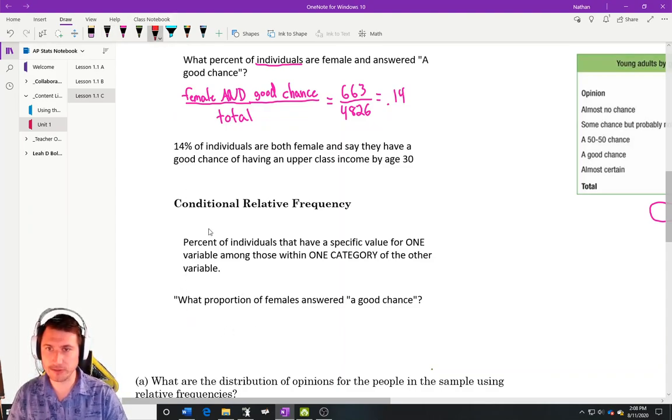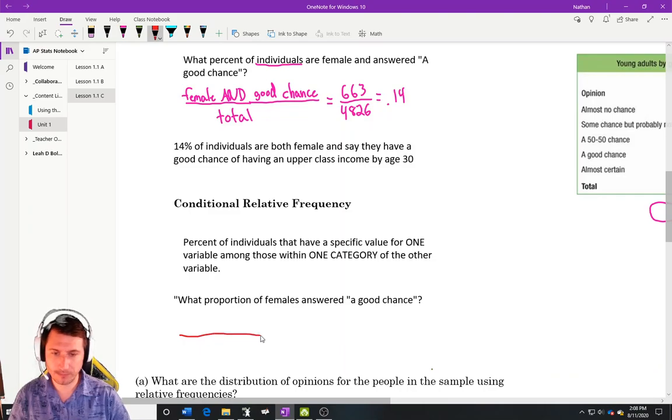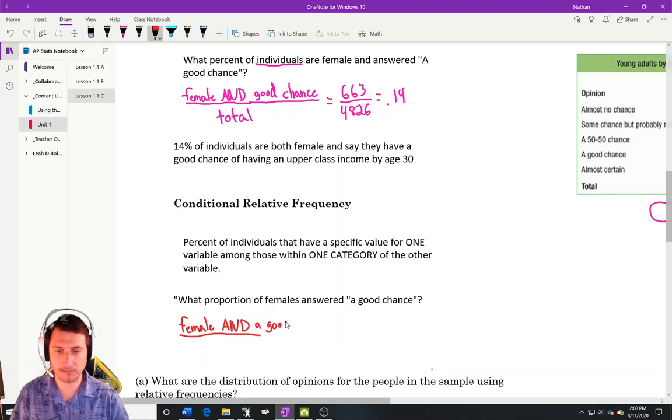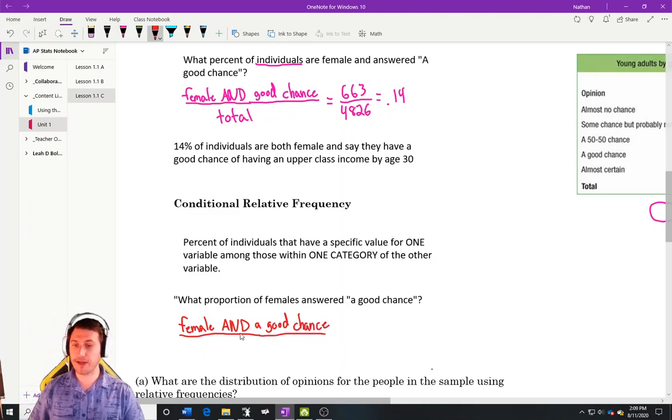When I write the fraction, on the top, it's going to be very similar. It's going to be female and a good chance. But the bottom of the fraction is going to be different.